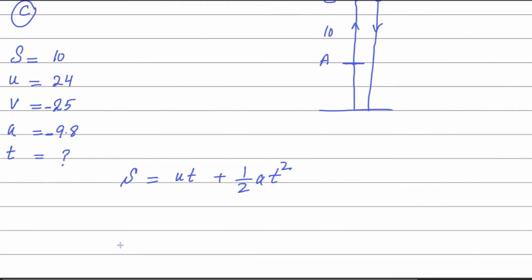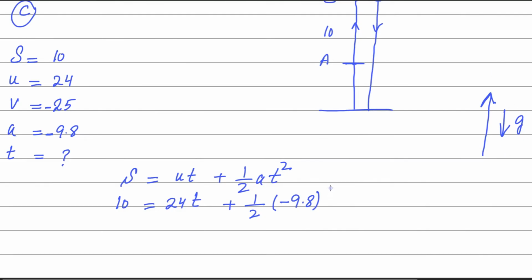So distance is 10 meters and u is 24. Time taken we need to find, and half of the acceleration will be negative 9.8, because gravitational acceleration always acts downwards, vertically downwards always. Because we are taking upward motion as positive, downward acceleration will be negative.